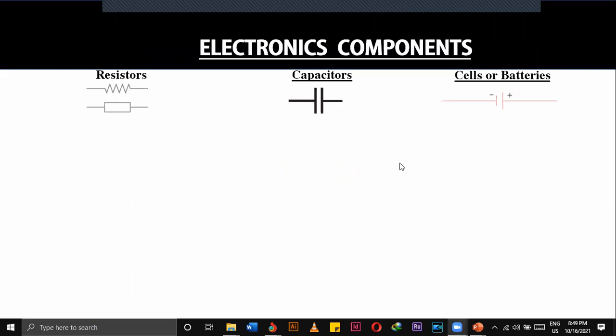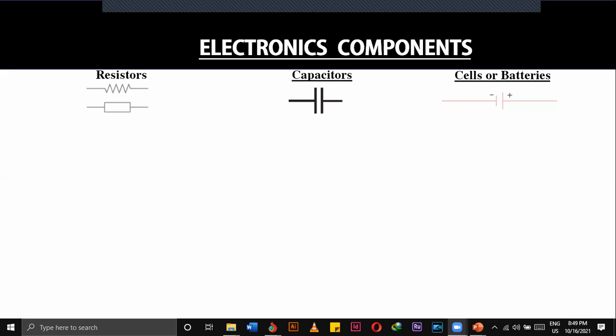But now, in our exciting class, we will learn about their applications. Why we use resistors, why we use capacitors, how we can use batteries, what is the series connection, what is the parallel connection. These things will be discussed in our practical class.